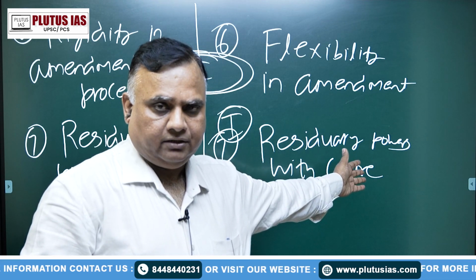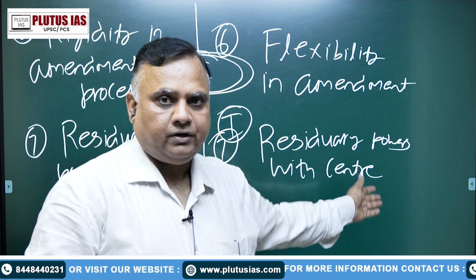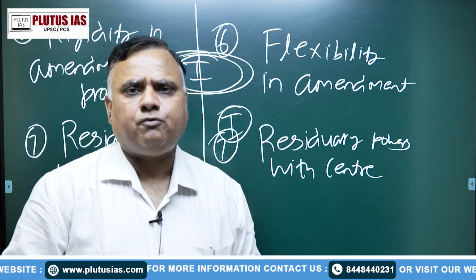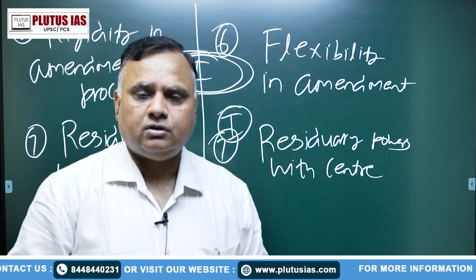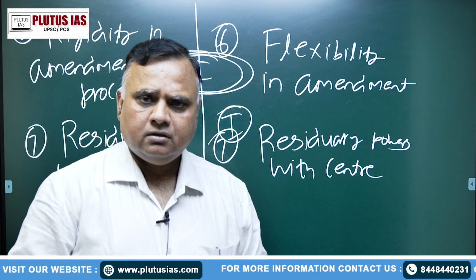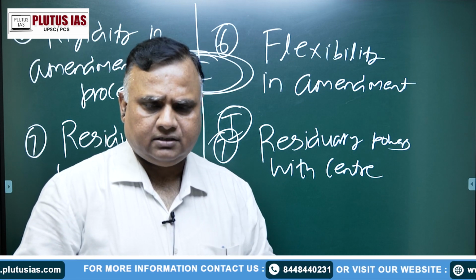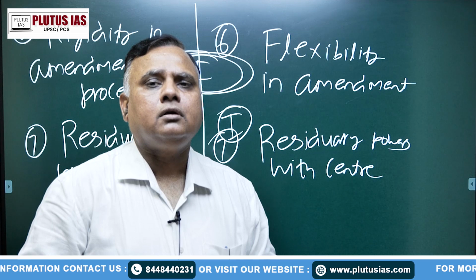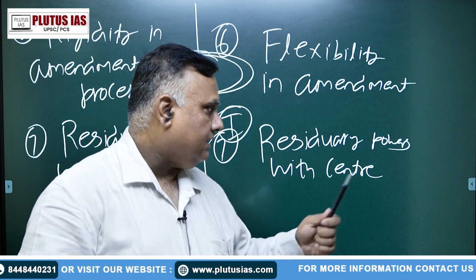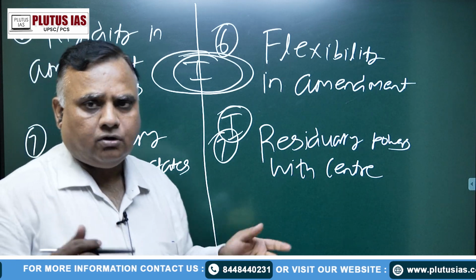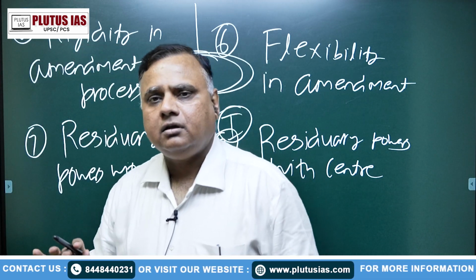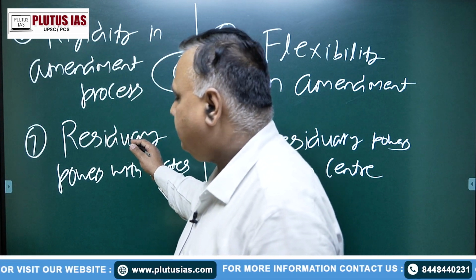Article 248 in the Indian Constitution. For example, cyber laws. At the time of framing the Constitution, there were no cyber laws, but the IT Act 2000 was made. Subsequently, it was amended in 2008 and after. So on cyber laws, the center will make law in India, but in America, the subjects which are not mentioned anywhere, the states will make law.